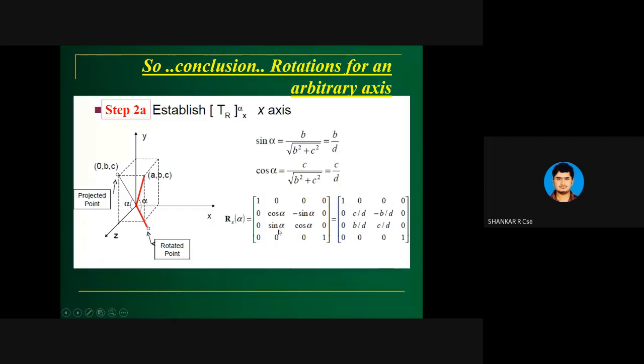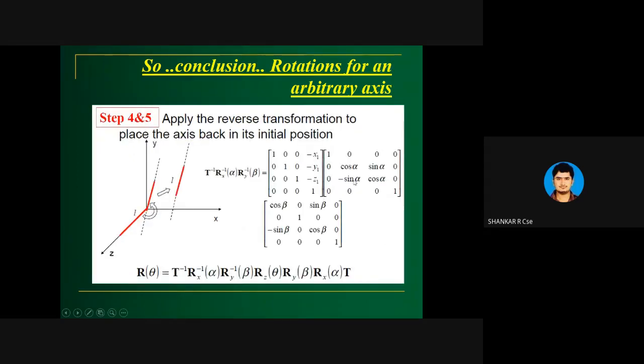Sine alpha, cos alpha is in the third row, second column. We have taken row major, and the inverse should be column major, that is sine alpha, cos alpha.